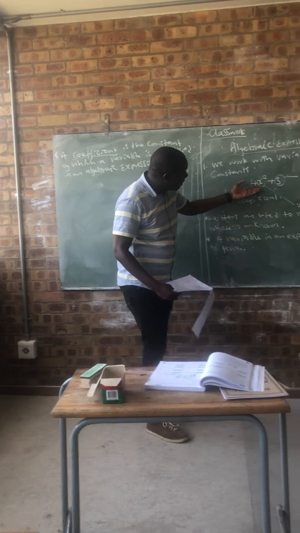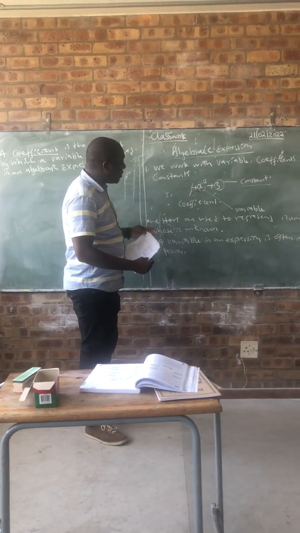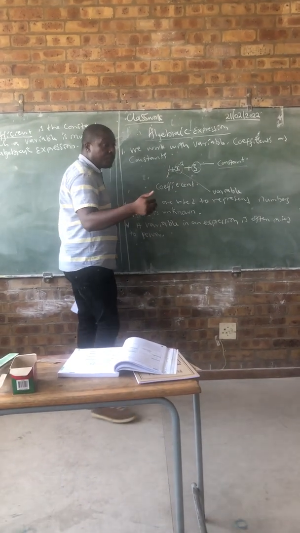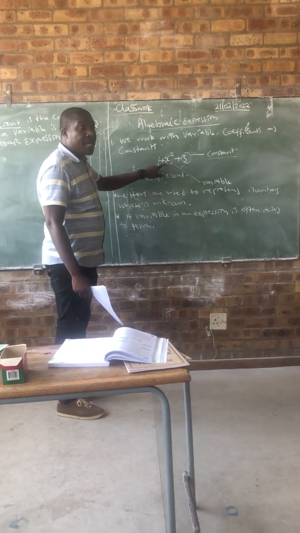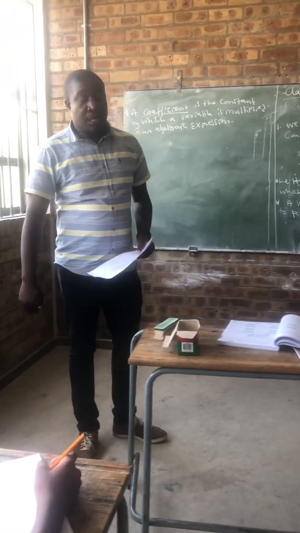And here in this case 4 multiplies x. In maths, when there's no operation of positive or negative, they multiply, even if it's not indicated that it is a multiplication.